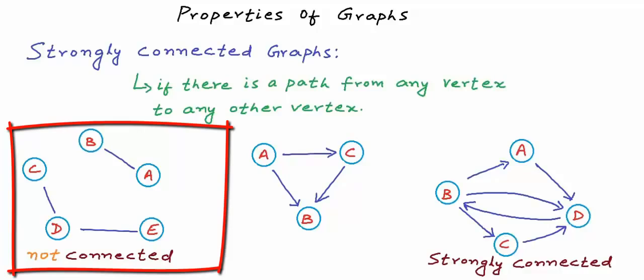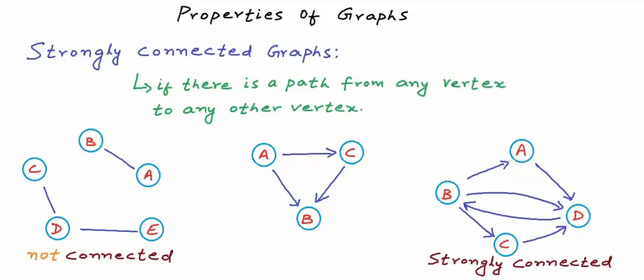Now we have two disjoint connected components here, but the graph overall is not connected. Connectedness of a graph is a really important property. If you remember, intra-city road network within a city that would have a lot of one-ways can be represented as a directed graph. Now an intra-city road network should always be strongly connected. We should be able to reach any street from any street, any intersection to any intersection.